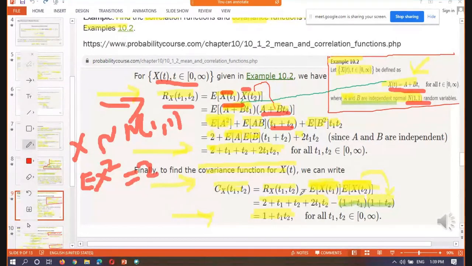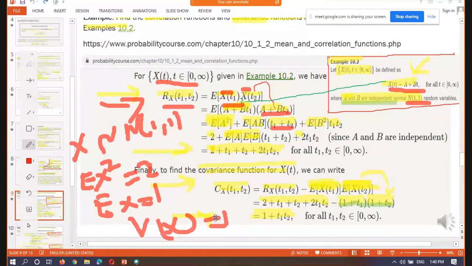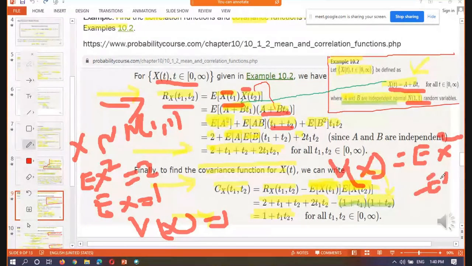Being normal 1, their expectation is 1 and the variance of X is also 1. And you know the formula: the variance of X is the expectation of X square minus the expectation of X whole square.